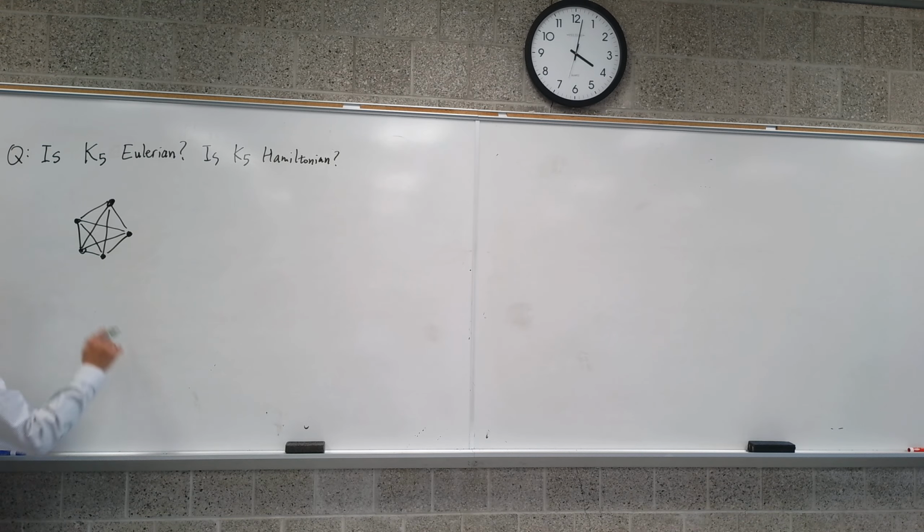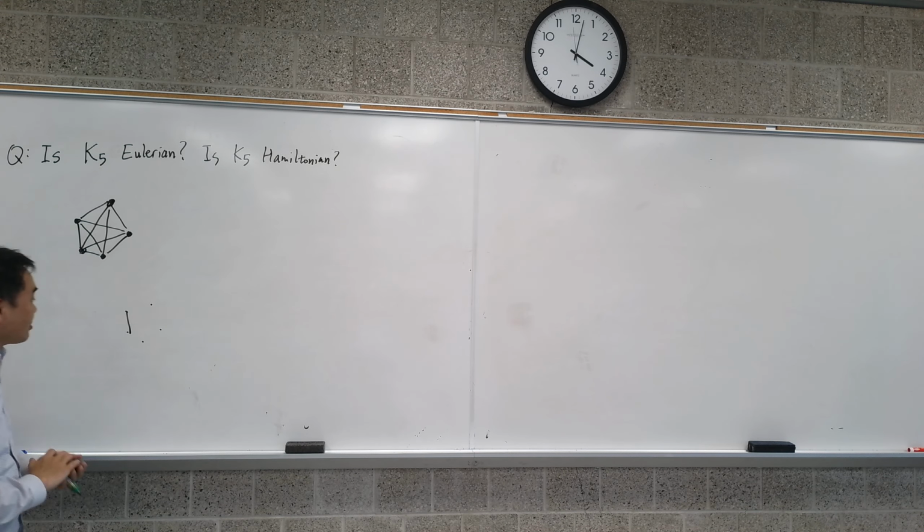Last time I explained that any graph that contains K5 or K33 is not planar. So this is an example of a non-planar graph. No matter how you try, you can't draw it with 5 vertices and all the edges not crossing each other. You inevitably have to draw the edges crossing. So that's K5.